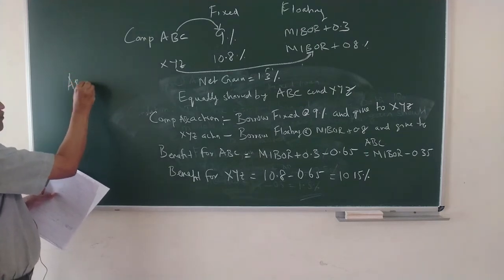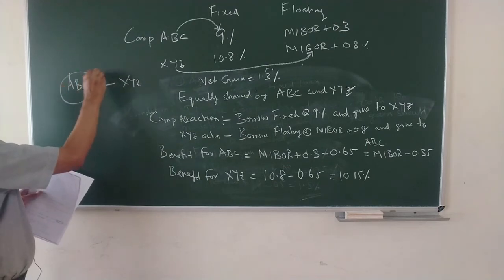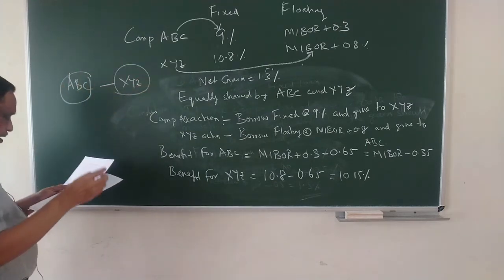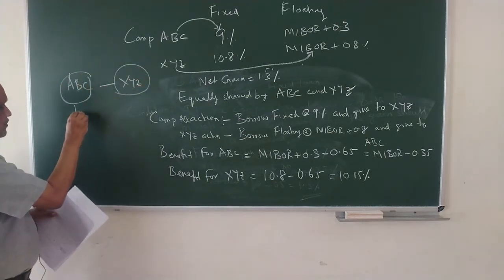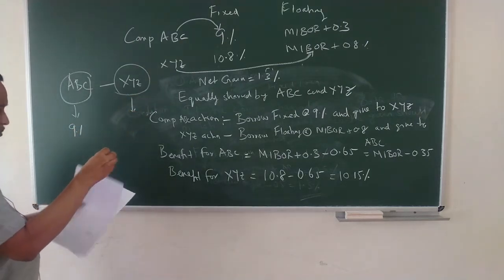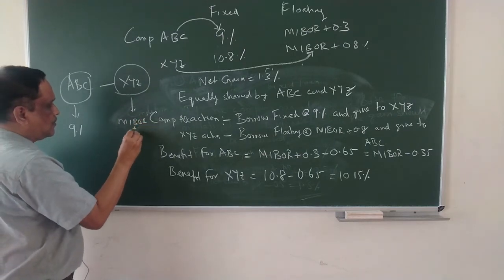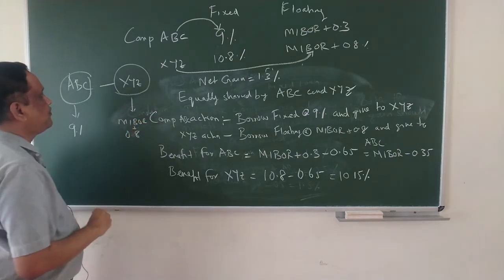ABC, XYZ. ABC borrows at 9%. XYZ borrows at LIBOR plus 0.8.